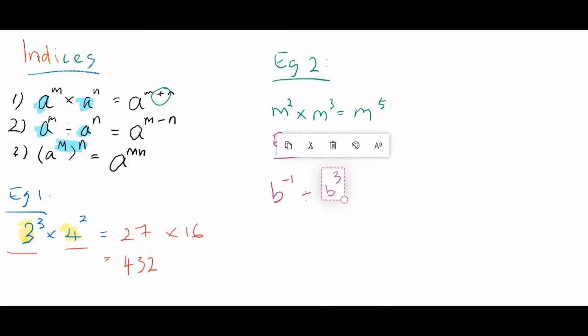base b power 3. Because they are the same base, which is b, you can use the second formula, and it's minus, so you have b power -4 at the end. And then we have example 4.